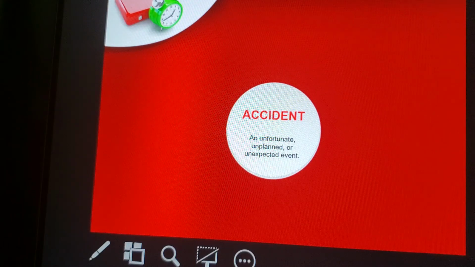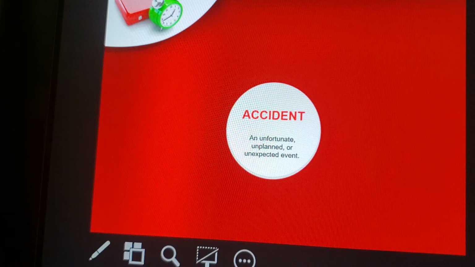So now when you advance the slide, your students are going to see a term, okay, or a vocabulary word, accident, and they're also going to see the definition, an unfortunate, unplanned, or unexpected event. Okay, still you're going to keep your students' engagement because now they want to hear what you have to say about accidents, right?